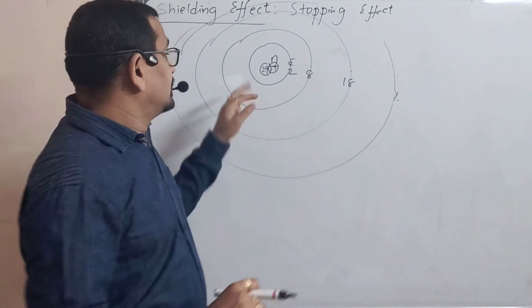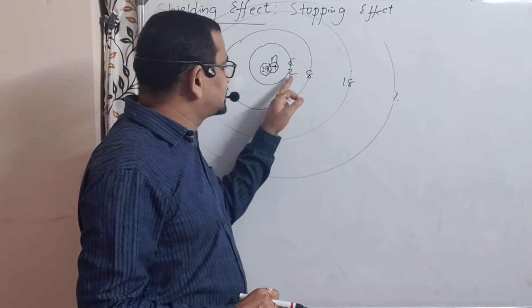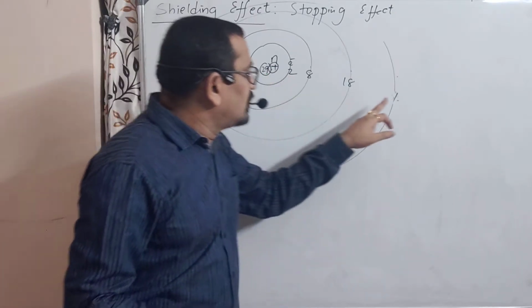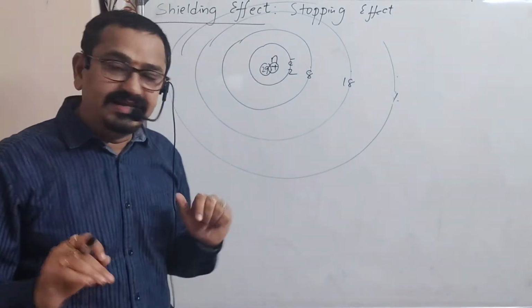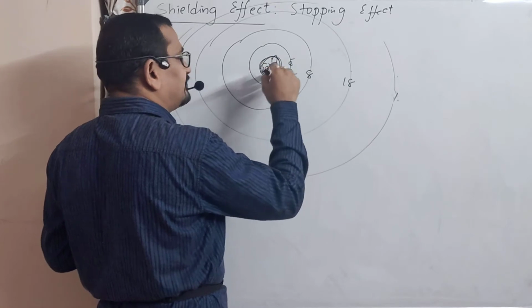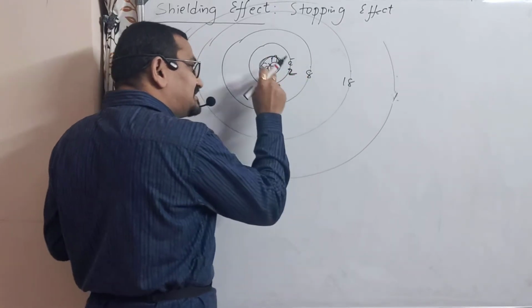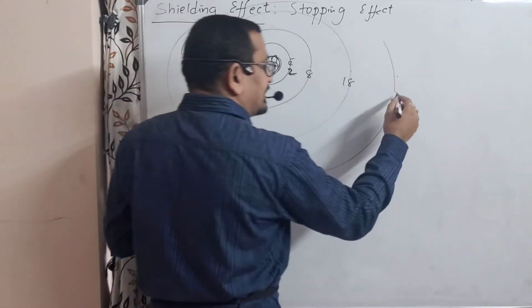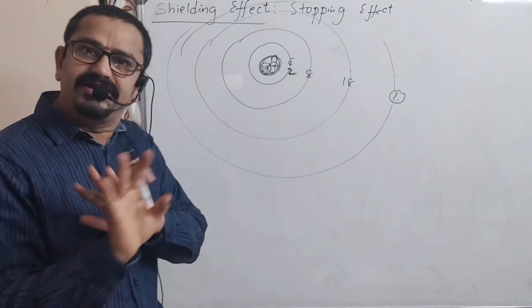My question is, can the same nuclear charge which is acting on this first electron attract this 29th electron also? I am repeating the question. With what amount of nuclear attraction is this nucleus attracting these two electrons? With the same amount of nuclear force, can it attract this 29th electron? Definitely not.